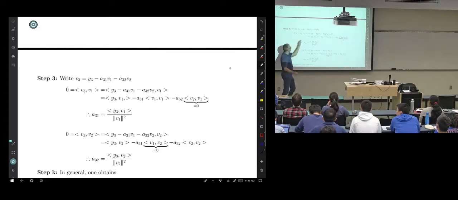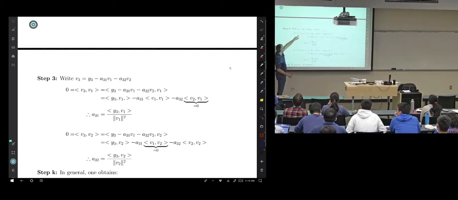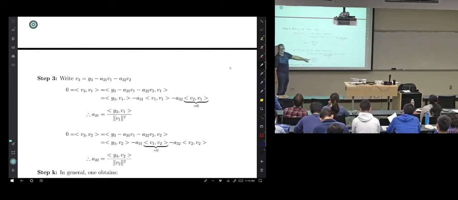You might think that you'd have to get simultaneous equations to get two coefficients and two unknowns. The magic thing, by writing it down this way, is that they decouple. You get A31 by only doing one calculation, and you get A32 by only doing one calculation. So it becomes a diagonal set of equations.